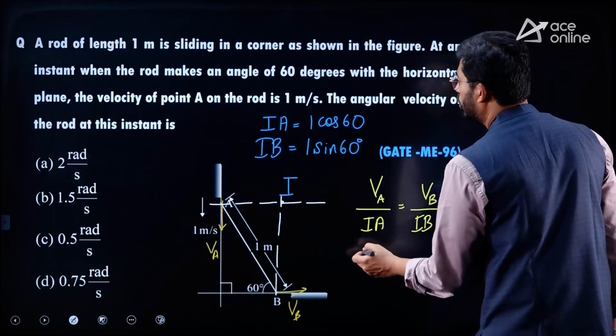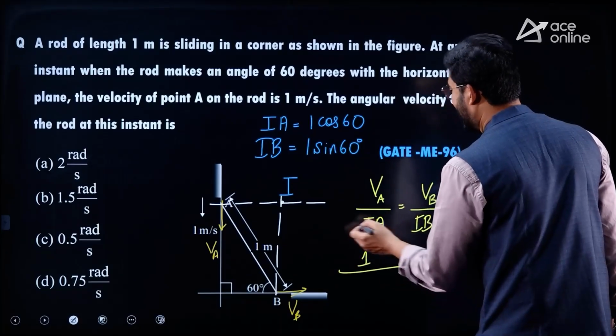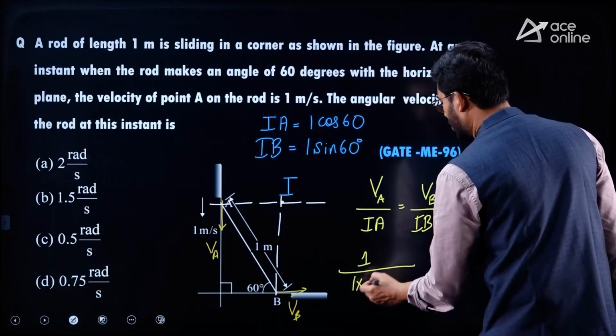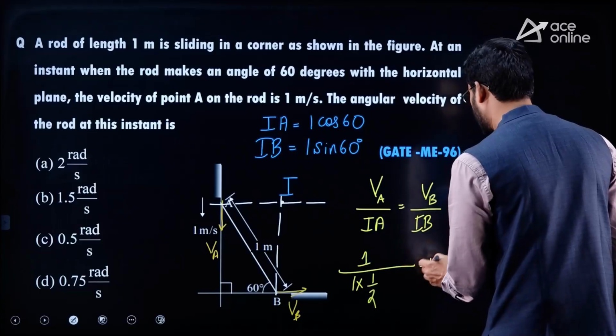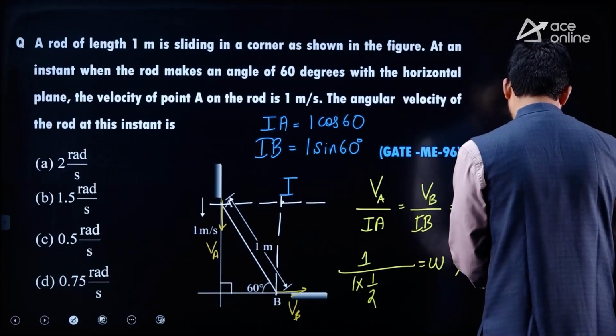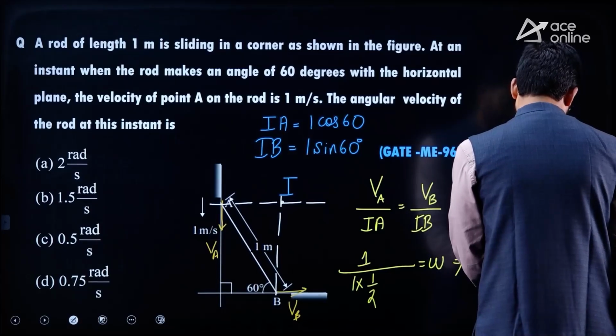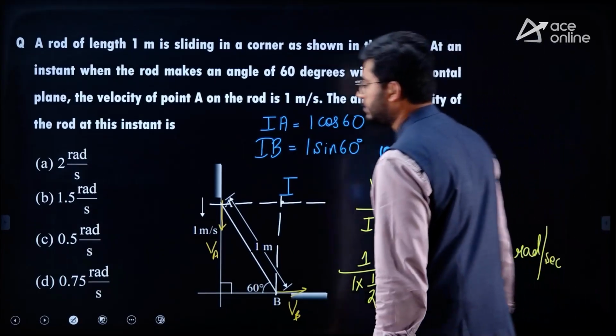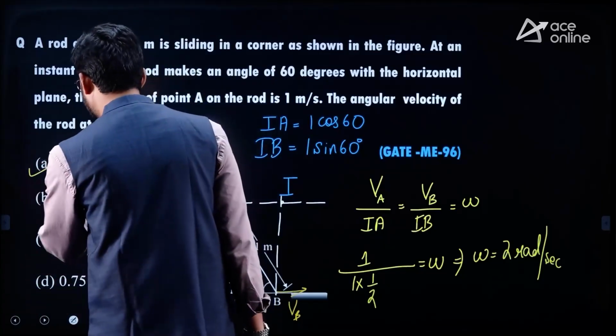So VA is known to us, that is 1 meter per second, and IA is 1 into cos 60, which is 1 by 2. This is equal to omega. So here we get omega as 2 radians per second. So option A is the answer.